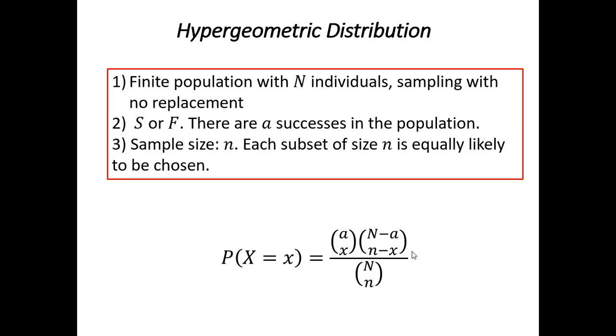Our sample size will still be n, and we assume each subset of size n is equally likely to be chosen. So the probability our random variable, capital X, is equal to x, is given by A choose x times N minus A choose n minus x, divided by the number of subsets of size lowercase n.